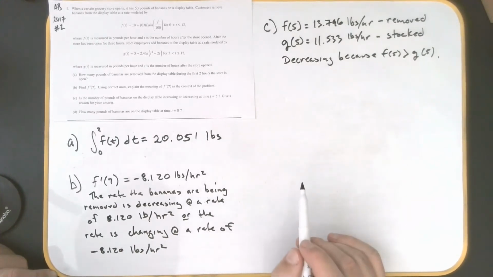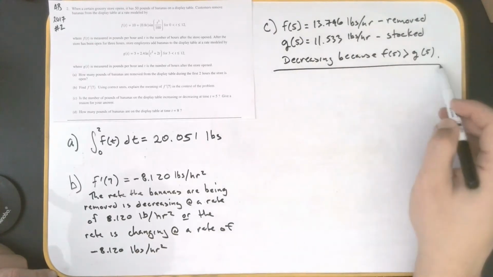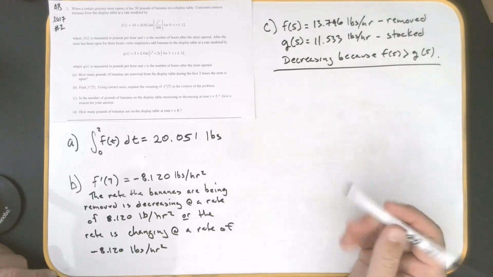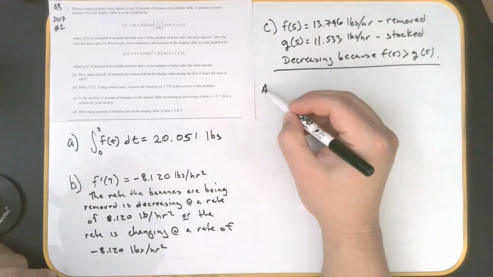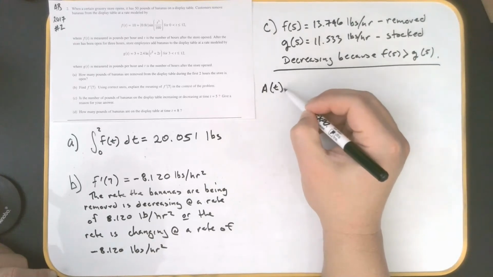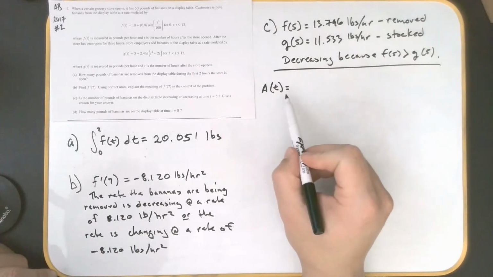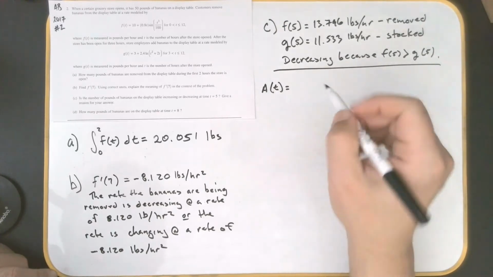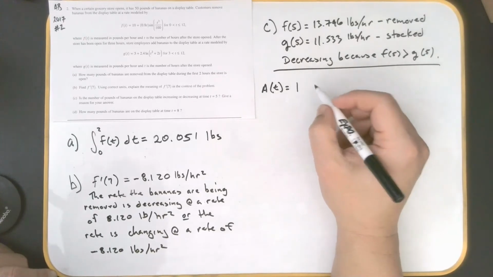So the other approach to this question would be, instead of just comparing g of 5 to f of 5, I'm going to build a function for how many bananas are on the table at any given time. So this is a common approach with rate questions, and you just build a function. So you want to say, how many bananas are on the table at any given time? Well, it would be our three components that come up a lot. At any given time, there's three things.